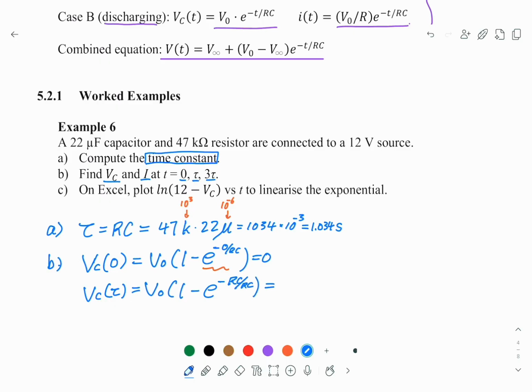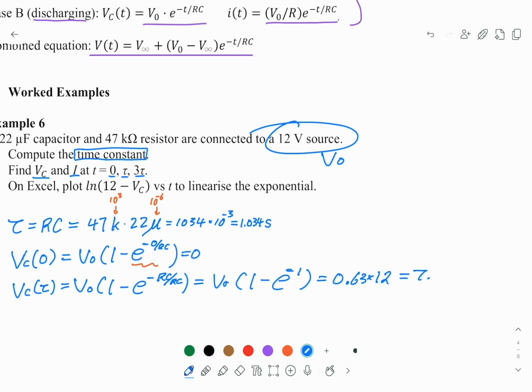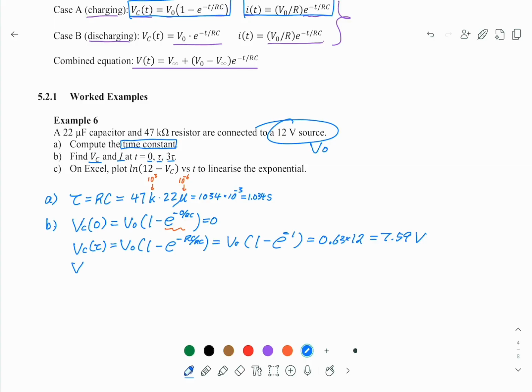So you're talking about V naught (1 - e^-1). What you get is 0.63 times V naught. V naught is 12 volts, so we have 7.59 volts at 1 time constant.